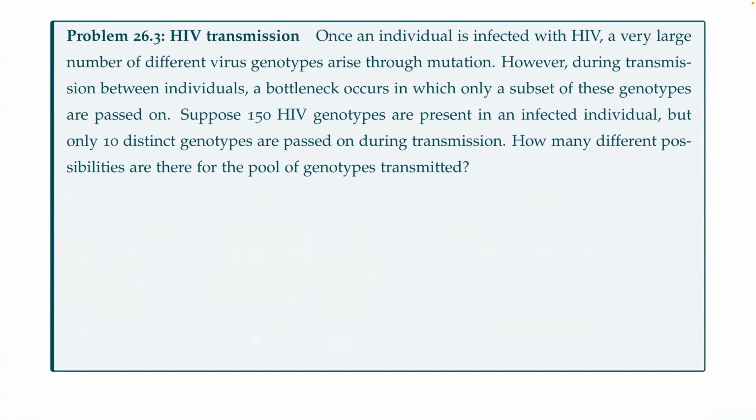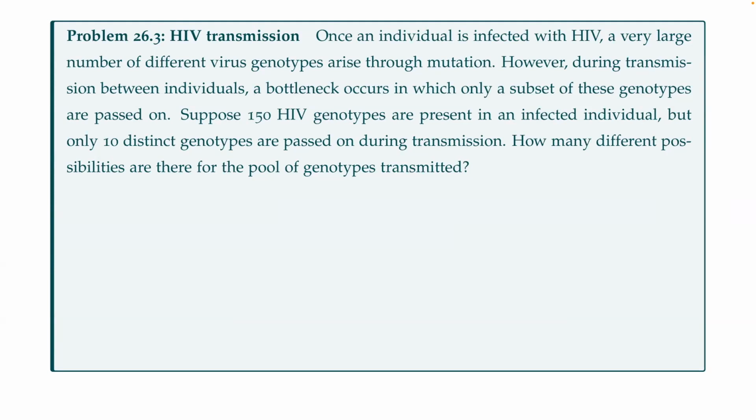Okay, I'm going to get you guys to do the next one. Don't calculate the actual final answer unless you really want to and you've got a calculator, because it's a very large number. Okay, so here we've got HIV transmission. A small number of genotypes are transmitted. So this happens in HIV. There are these genetic bottlenecks. Whenever there's transmission, you have lots of diversity within a host, but only a small amount of genetic variation is passed on to the next host.